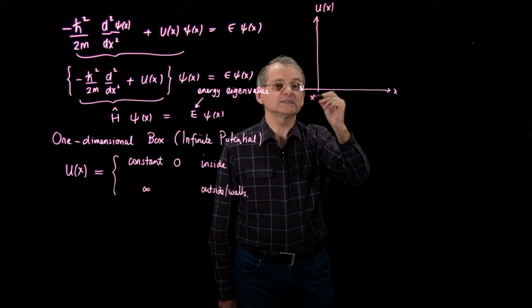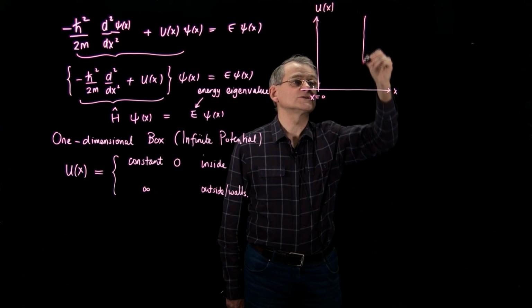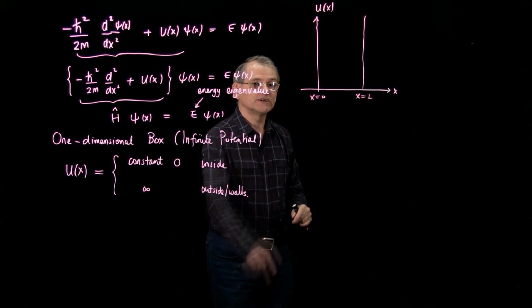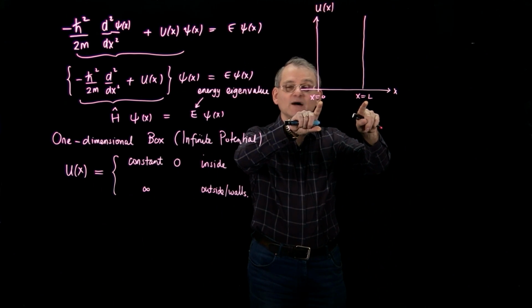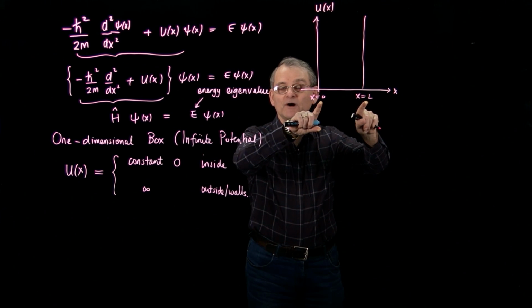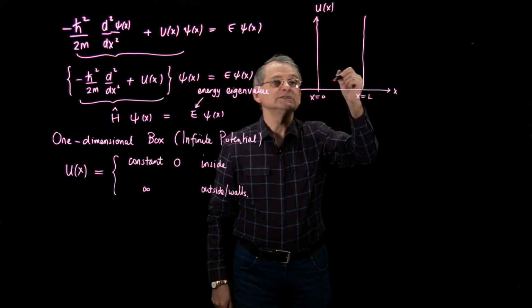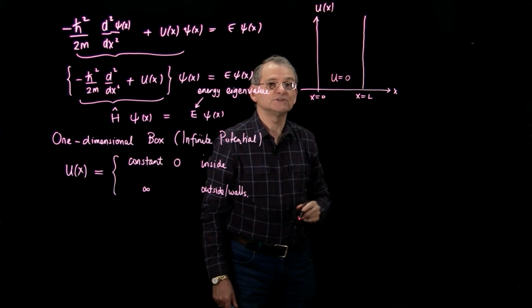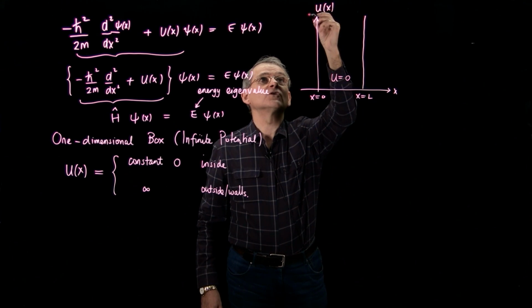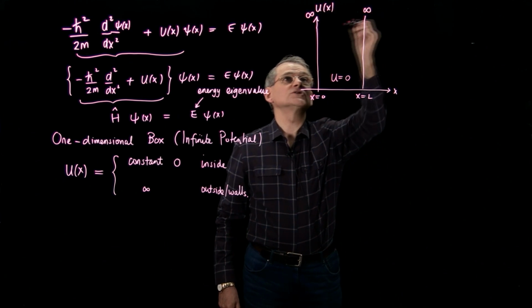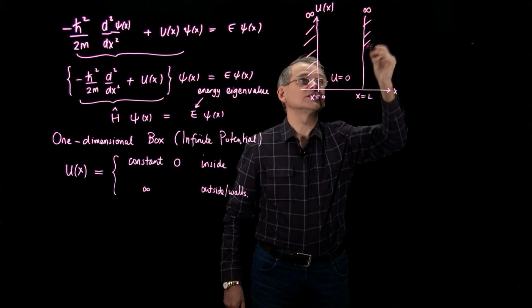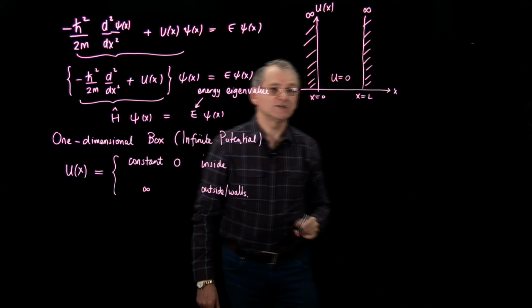And this is x equals 0, and I'm going to consider a box of width L. So this, for example, might be the distance between the carbon atoms in a pi-bonded ethylene molecule. Now, inside the box, we're going to set the potential equal to a constant. In fact, we'll set it equal to 0. Outside the box, or on the walls of the box, the potential energy will be considered to be infinite. And so there'll be 0 probability of finding the particle outside the box.